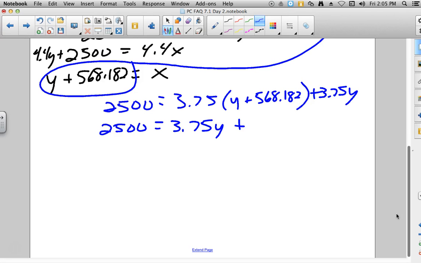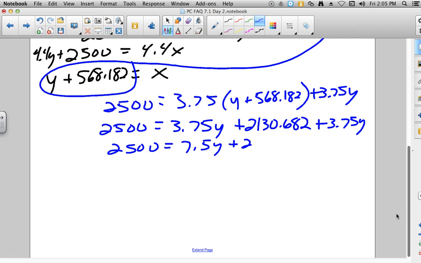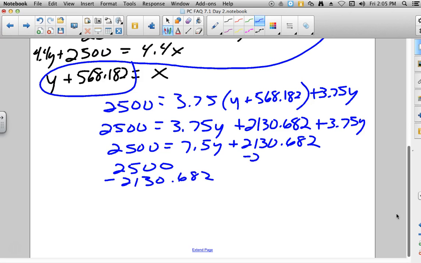So you can just take the answer that's in the calculator times the 3.75. So 2130.682 plus 3.75y. So 2,500 equals, well, that would be 7.5y plus 2130.682. And we would subtract that obnoxious answer from both sides.